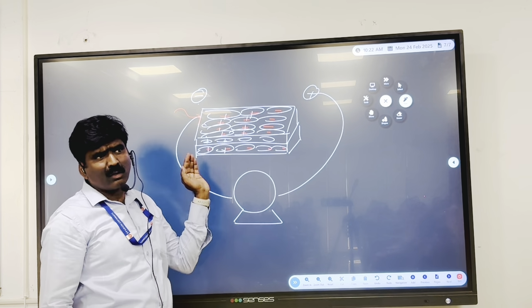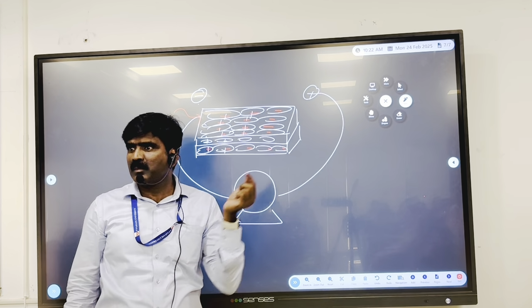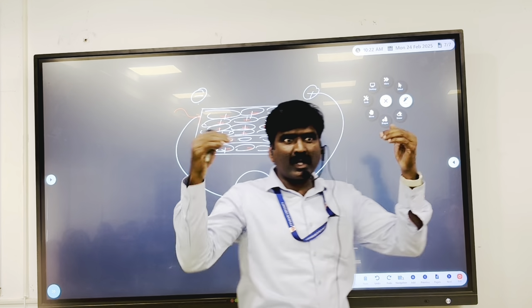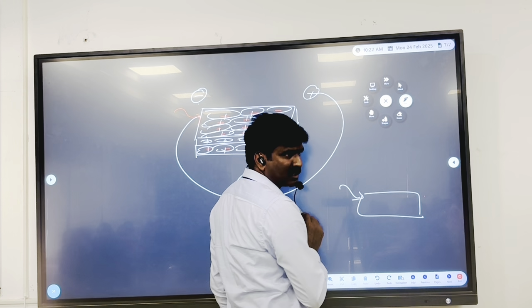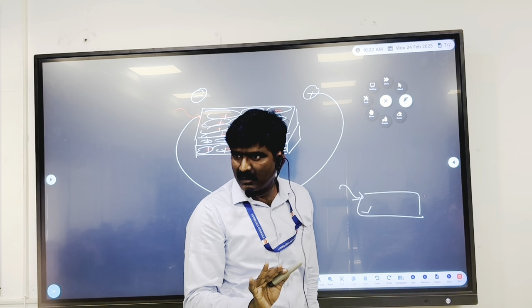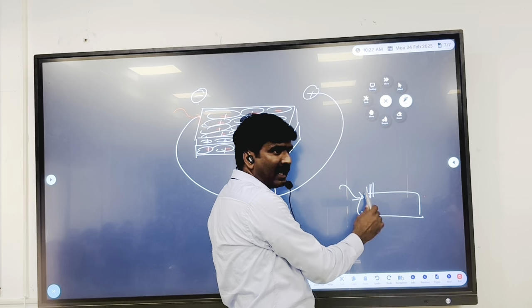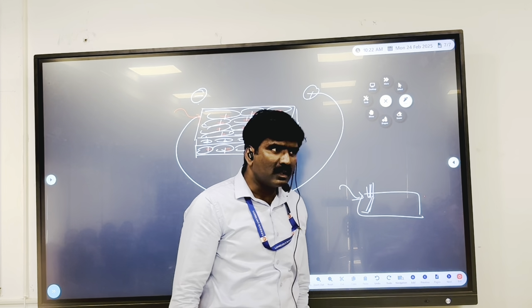Less sodium will enter or more sodium will enter? Sodium is entering and depolarizing the cell. When you give the appropriate stimulation, minus 90 goes to minus 70. When it reaches minus 70, more and more sodium will enter, and it will become 0, right?